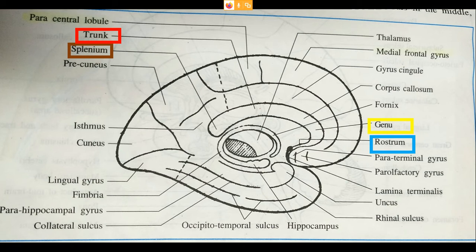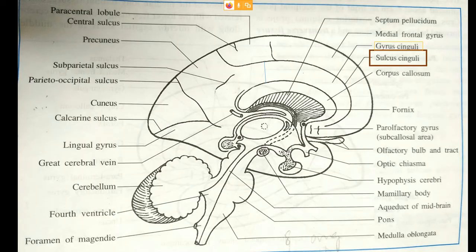Then we are moving forwards and trying to identify the sulci which are present at the medial surface. So coming to the medial surface of the cerebrum, we can identify a sulcus called the cingulate sulcus. Let me show you this. Try to observe the diagram. You can identify a brown line which is extending. That is nothing but the cingulate sulcus.